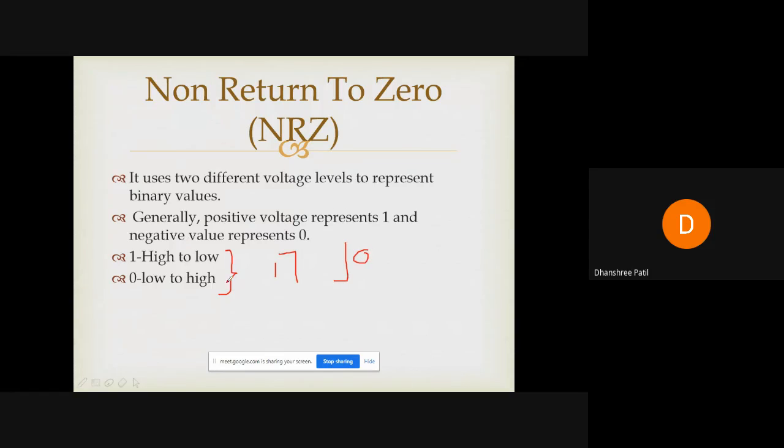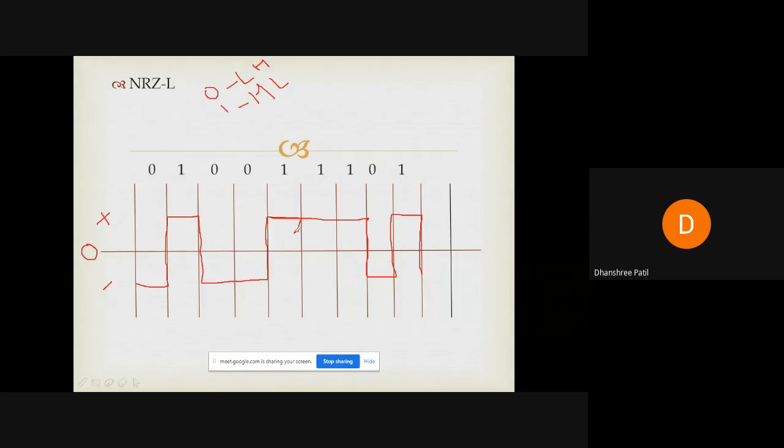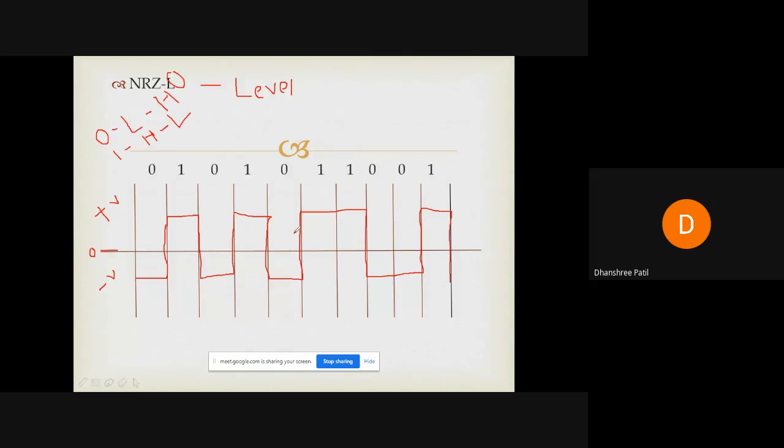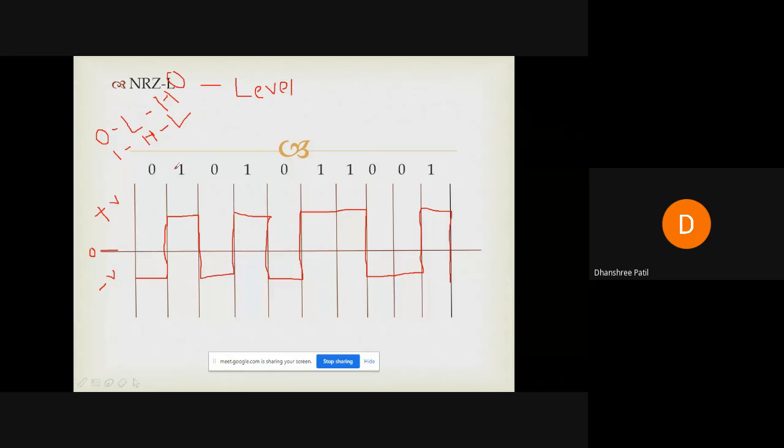So this is the NRZ technique. Let me quickly show you one of these examples without wasting so much time. 0 is the negative value, so low to high, and 1 means high to low. So 0 is low to high.